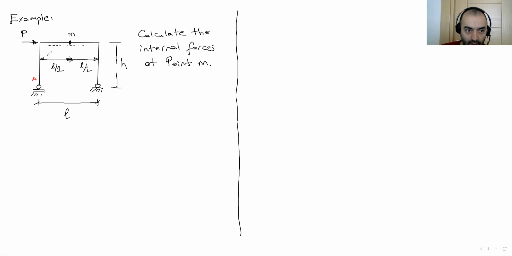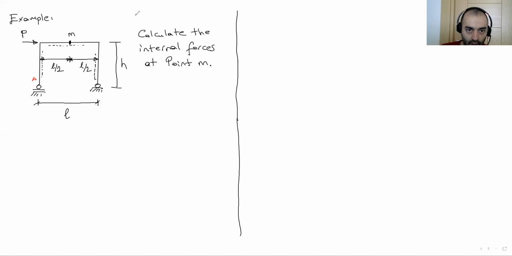Dotted line here, dotted line here, and dotted line here. These dotted lines show us the wave direction, and according to these dotted lines, we decide the positive directions.